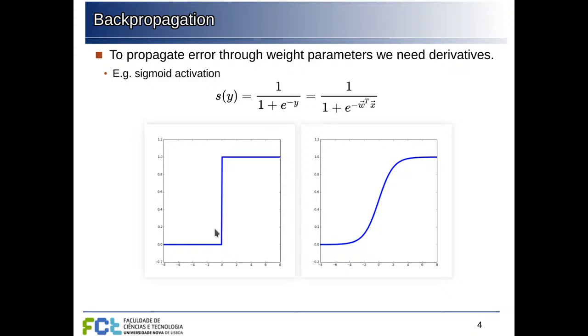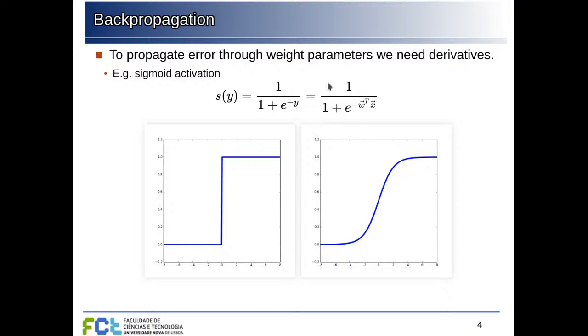If we use the original threshold function from Rosenblatt, we have a problem that we cannot compute the derivative. It's either 0 everywhere, or at the step we cannot determine the derivative. So this does not give us the necessary information to slide down the error surface and find the best point.